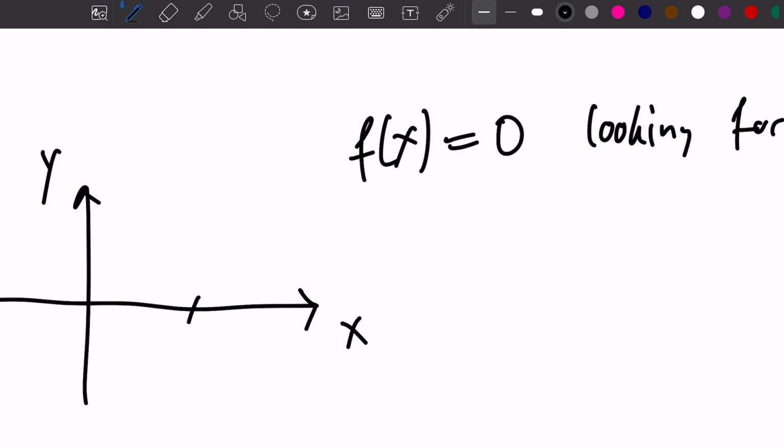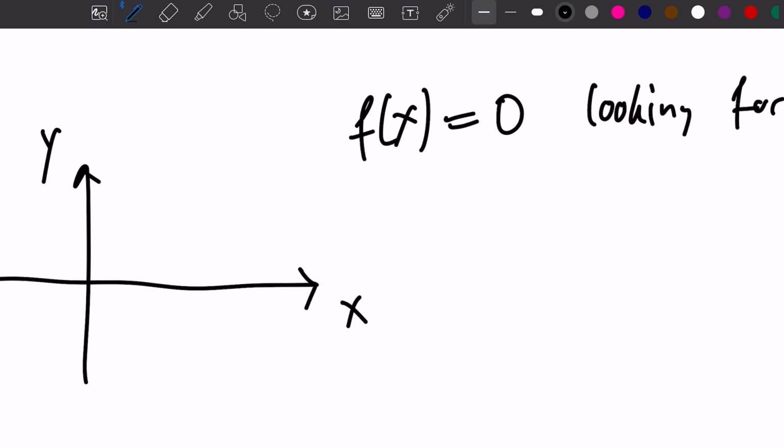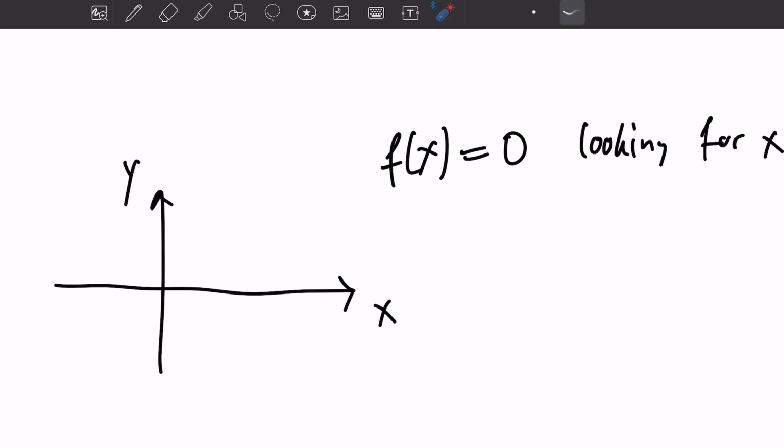And when we are looking for the intersection with the y-axis, then our x is 0, because if we're going up and down here, our x is 0, because x is only on this x here, so not here.